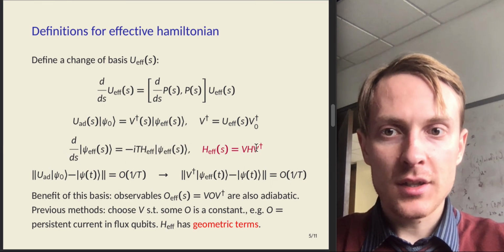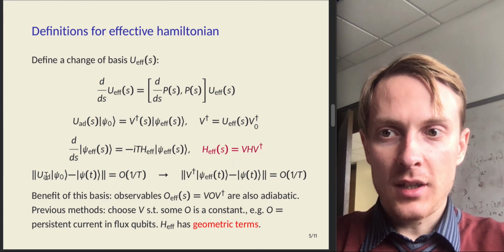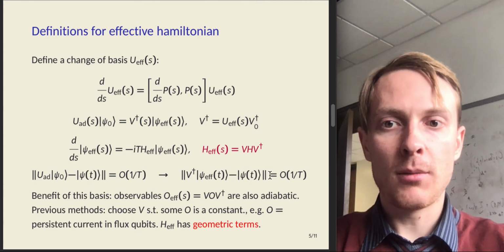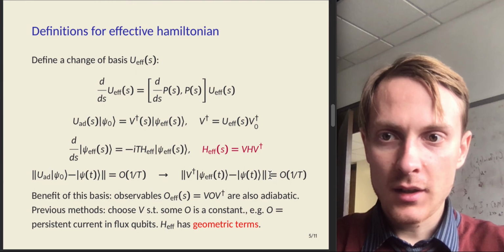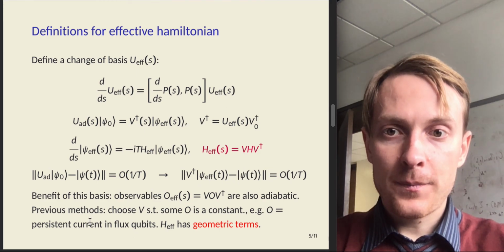Effective Hamiltonian is just the isometry of the original Hamiltonian. Using these definitions in the statement of the adiabatic theorem, we exactly get the statement of the problem of the effective Hamiltonian. Why did we choose the basis this way? It is as follows.